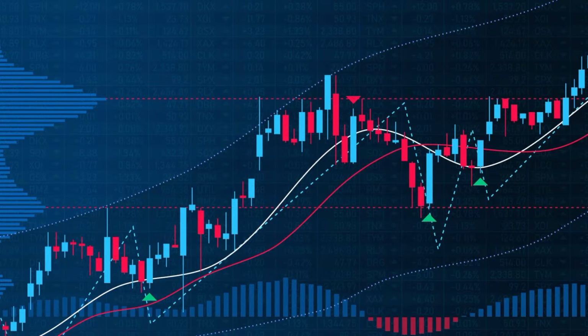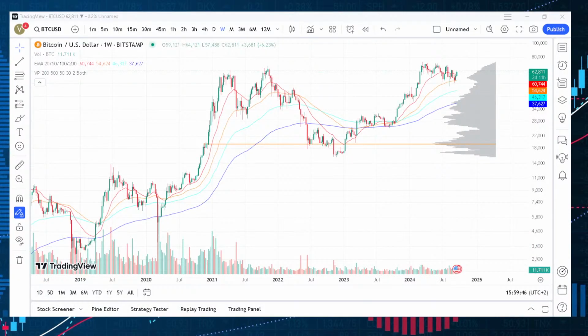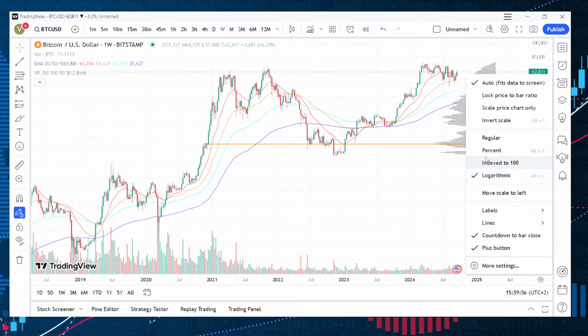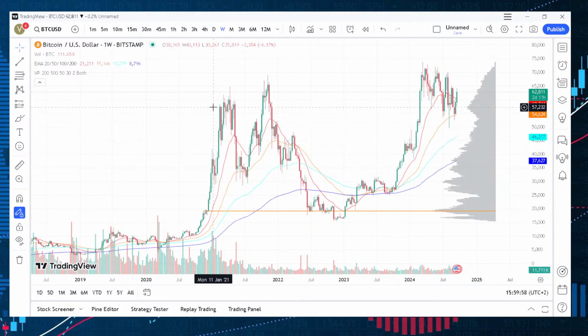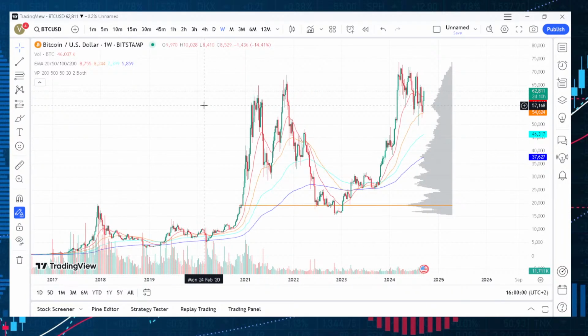Today we're going to be looking at support and resistance, and as always I have an example here for you. This is Bitcoin. It's going to be a regular chart today, even though I was looking at a logarithmic chart.